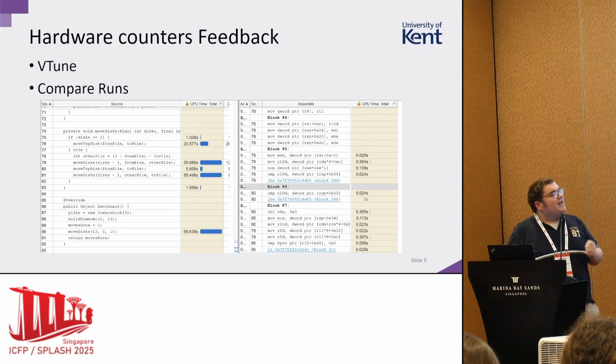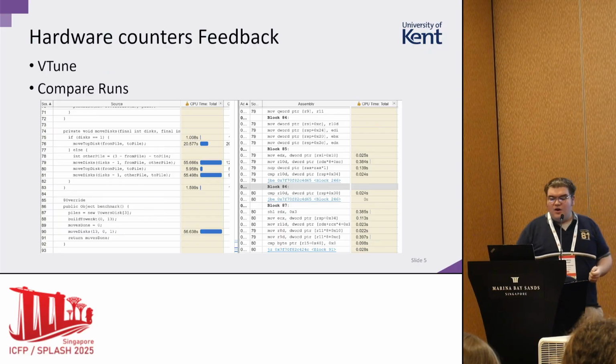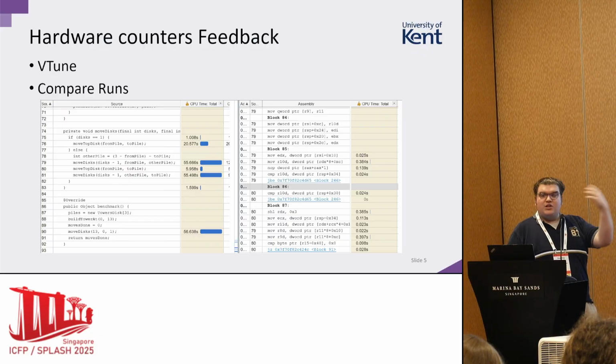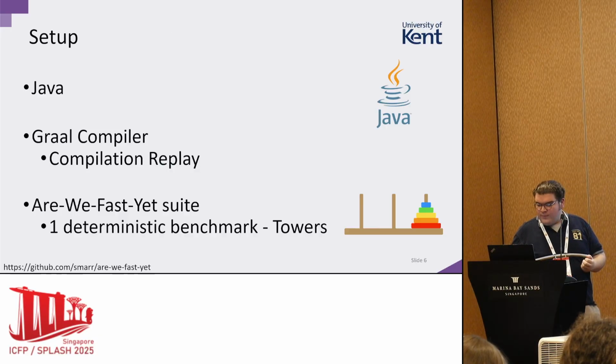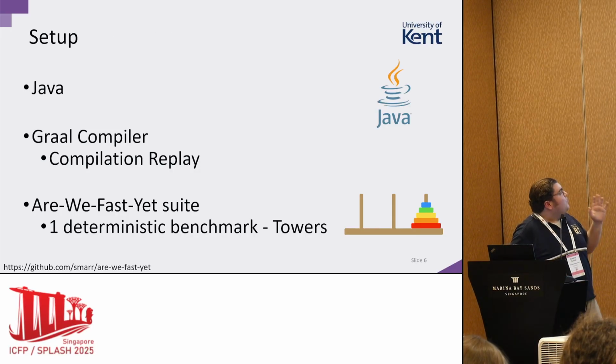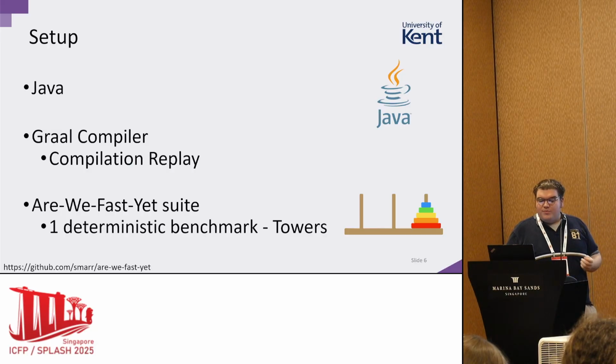To determine how much slowdown to add, we're using hardware counter feedback. We used VTune, and we added slowdown into a block and looked at a VTune report to see how much increased amount of time we added to that block, and then we iteratively added slowdown until we could get as close as possible to a target slowdown. Our setup, we're working with Java and the Graal compiler specifically.